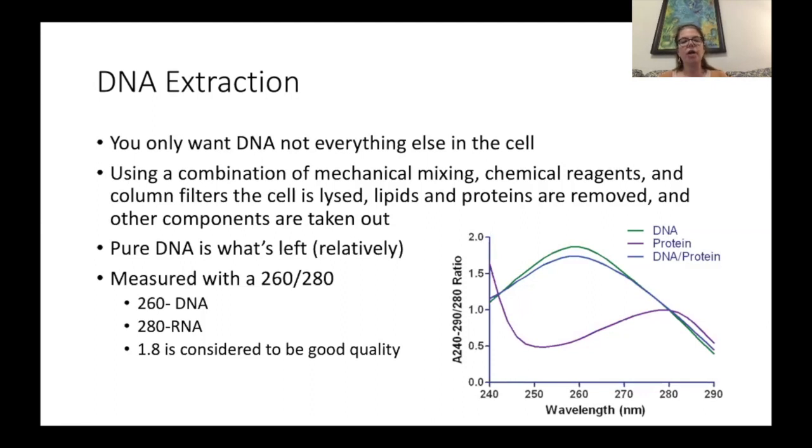And what is considered good quality DNA is if it has an absorbance ratio of somewhere around 1.8, and probably that's give or take about 0.2 on either side. So that's what we're targeting, to try to get DNA that's pure enough so that it won't interfere with the sequencing reaction.